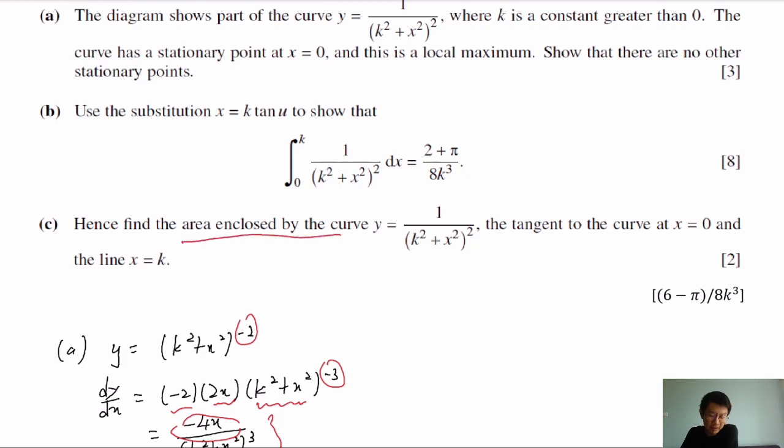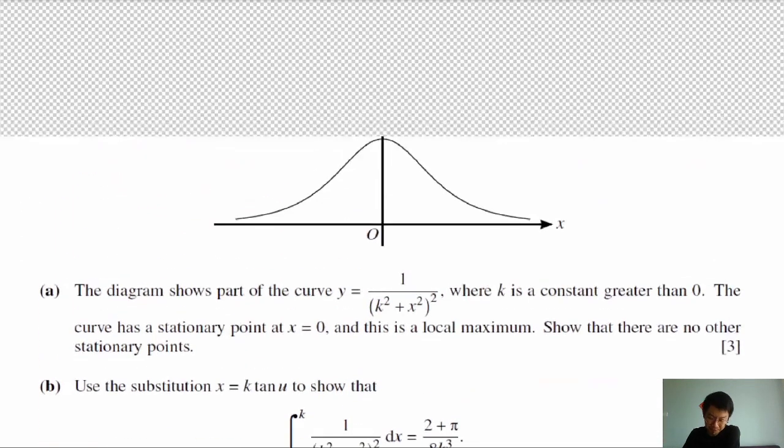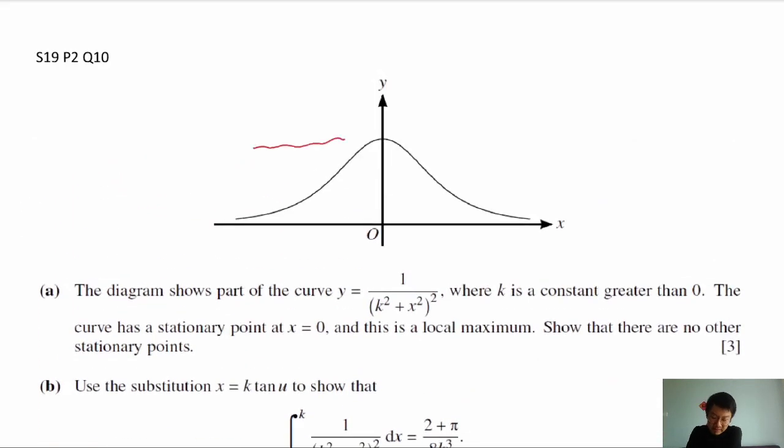They are looking for the area enclosed by this curve. This is the tangent line when x equals 0, and we also have another line when x equals k. The region we are looking at is this one.